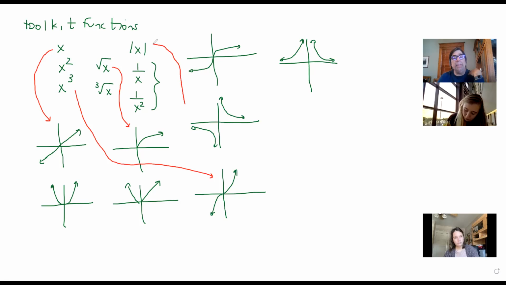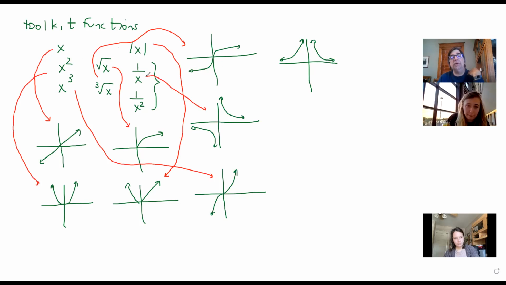Here's the graph of absolute value. Here's the graph of the parabola, x squared. And that leaves us with the cube root of x, which is right here. And then the two reciprocal functions, 1 over x and 1 over x squared. So there's a nice neat picture for you there.